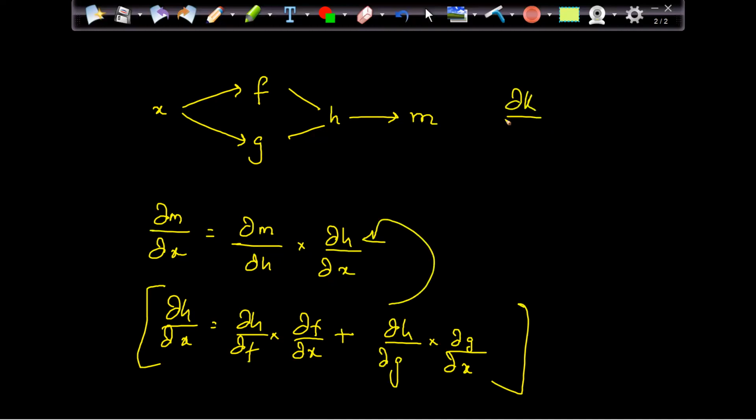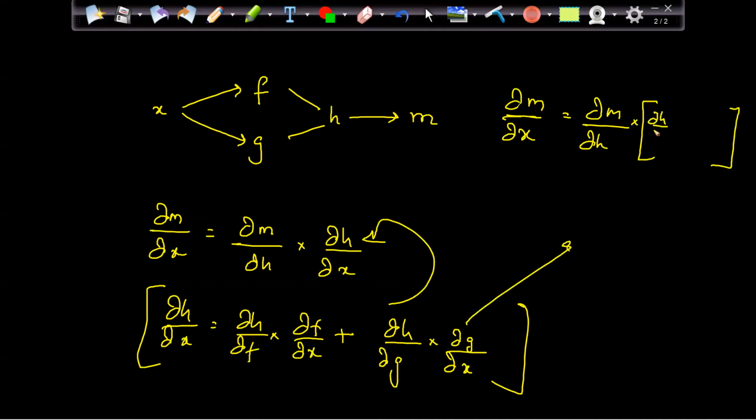So my ∂m/∂x is equal to ∂m/∂h multiplied by this entire expression: ∂h/∂f times ∂f/∂x plus ∂h/∂g multiplied by ∂g/∂x.